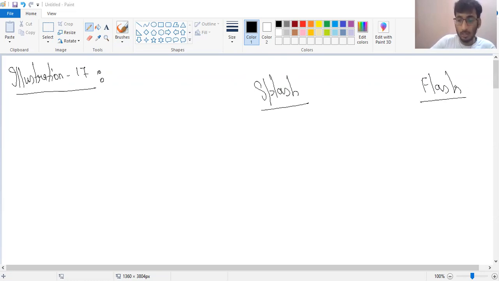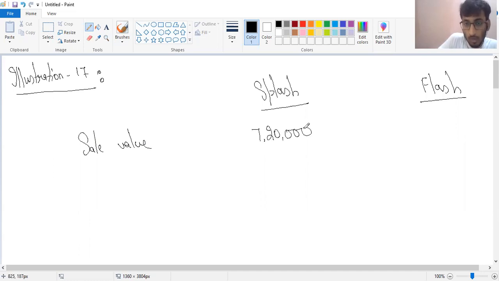Correct. Now what details are given? Details given are that the sale planned for the year is 7.2 lakh rupees and 3.5 lakh rupees. So the sale value is given. It is 7 lakh 20,000 and 3 lakh 50,000 for a year.